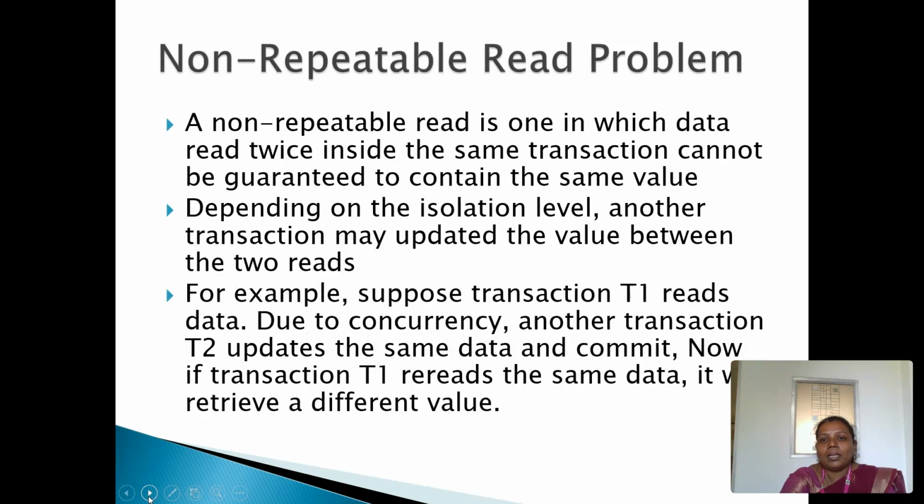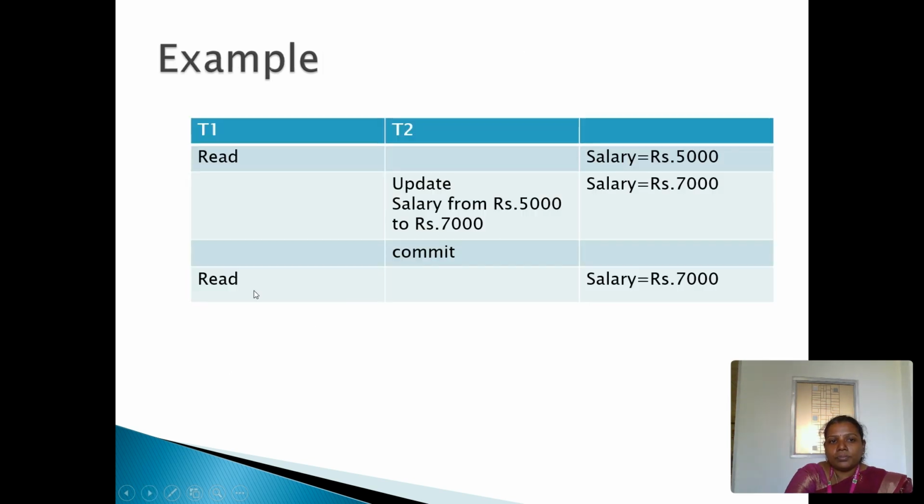Then the non-repeatable read. A non-repeatable read is one in which data read twice inside the same transaction cannot be guaranteed to contain the same value. In transaction T1 we read the value, and at that time the salary is 5,000. Then in transaction T2, the value is updated to 7,000.